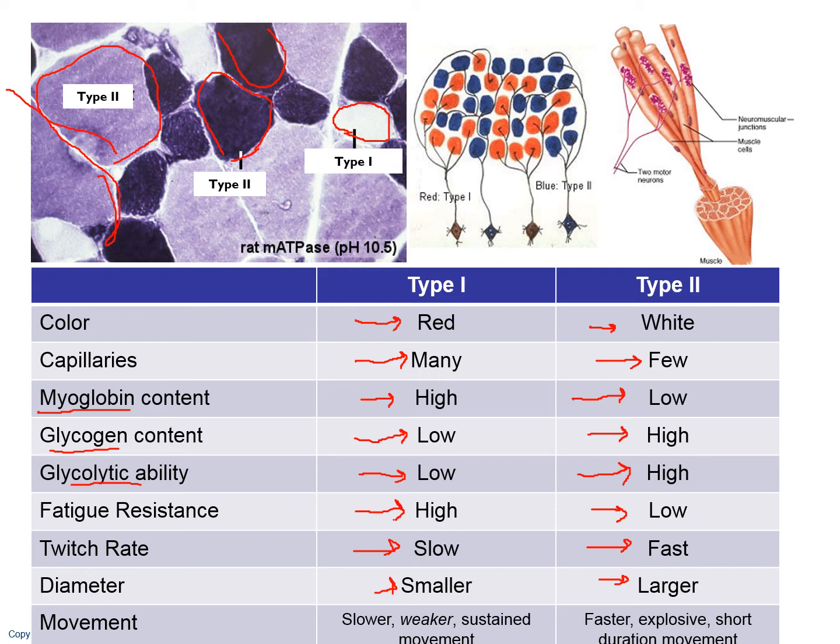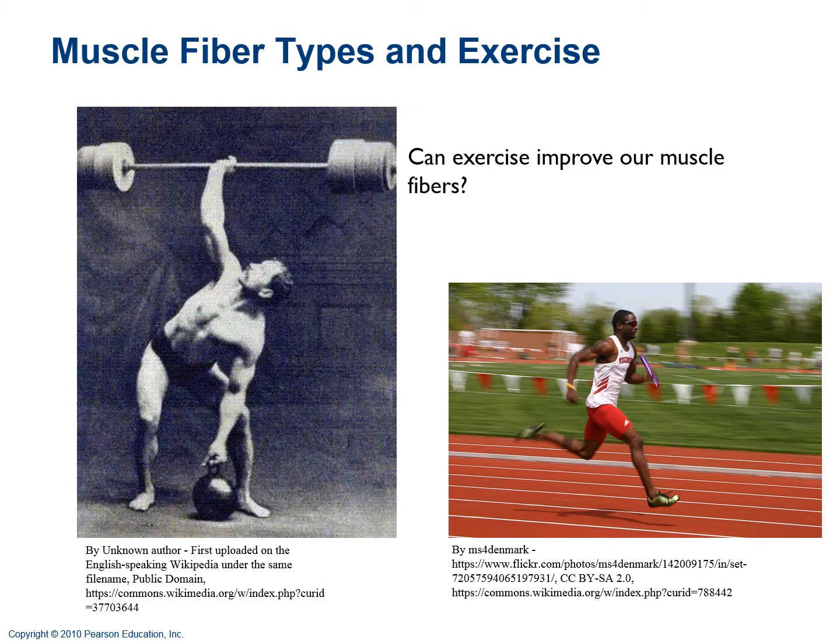Type 1 fibers are associated with slower, less explosive, but more sustained movements like running or swimming or dancing. So you would have fewer myofibrils, and the diameter of those muscle fibers would be smaller. During exercise or any movement really, your type 1 fibers are activated first.